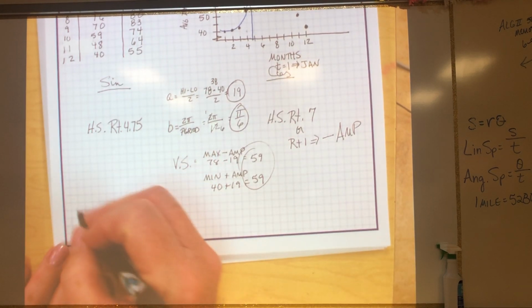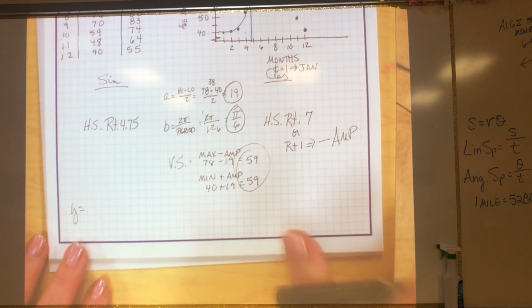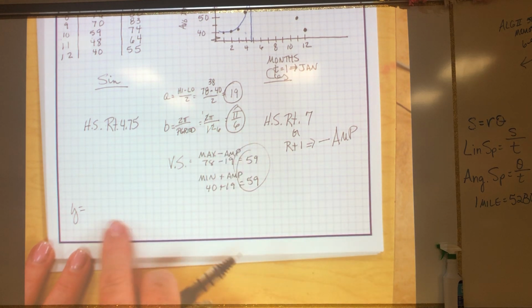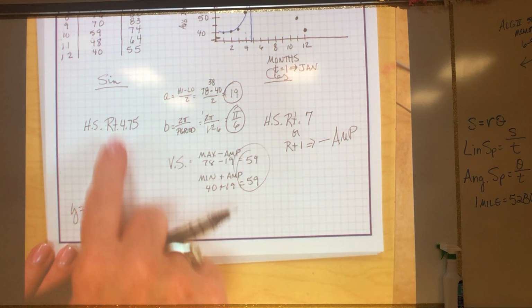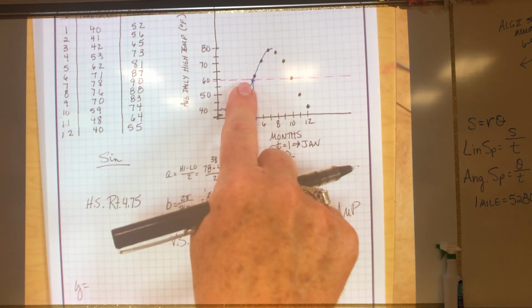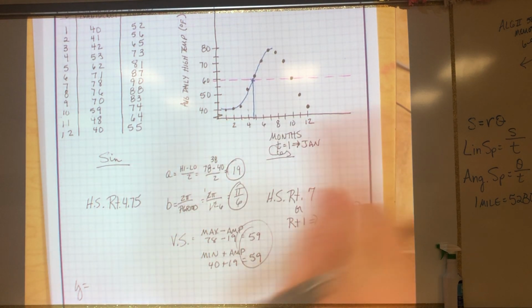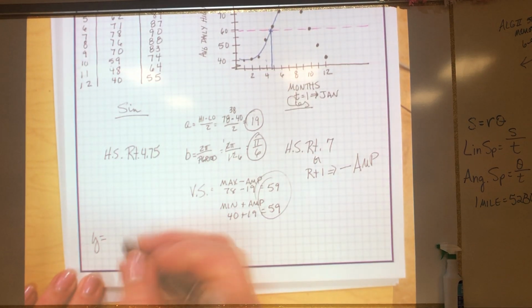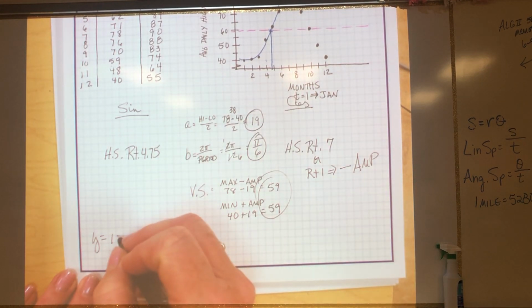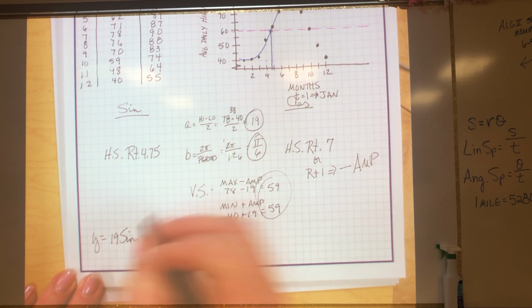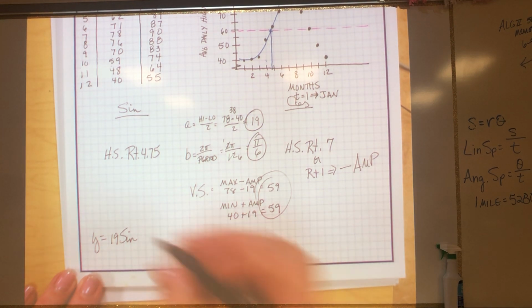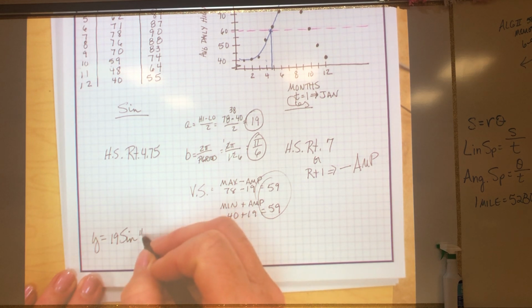Okay, so y is equal to, now we had a problem with the b part again in writing the equation. Some of y'all didn't do it correctly. All right, so my sine curve starts in the middle and goes up. That's perfect. I don't have to do any kind of mess to it, all right? So my amplitude is 19 times the sine of pi over 6.